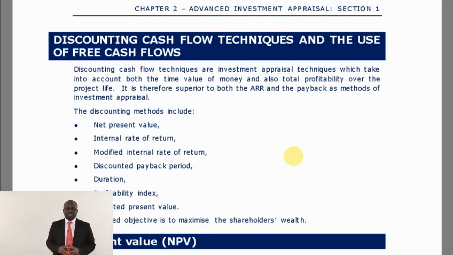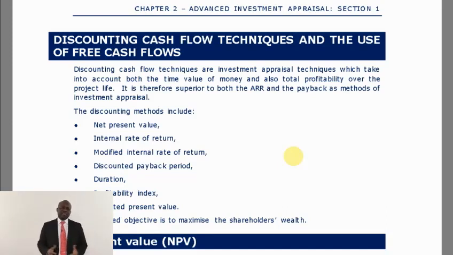And the first decision that the financial manager is supposed to make is what is called the investment decision. And what do we mean by that investment decision? Investment decision is for the financial manager to identify which profitable investment the company should be undertaking.